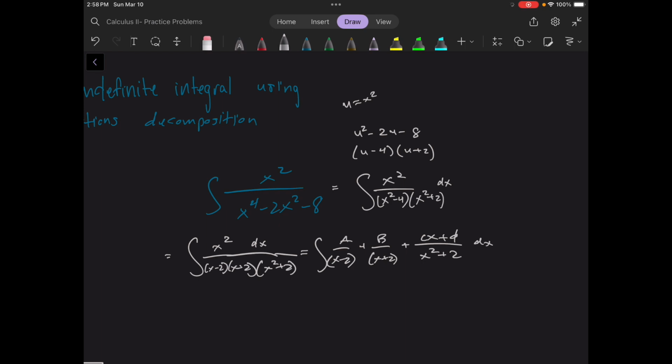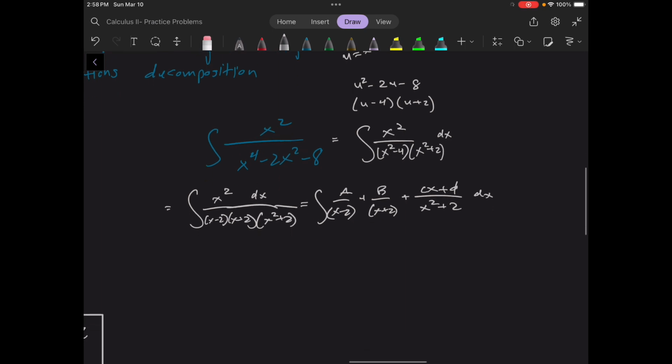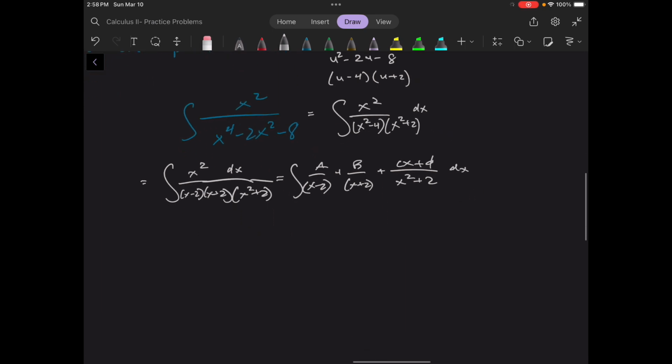Okay, so now we're going to have to figure out what a, b, c, and d are with a lot of test values. So let's see. If we multiply everything by the common denominator, we have x squared equals a times (x plus 2)(x squared plus 2), plus b times (x minus 2)(x squared plus 2).